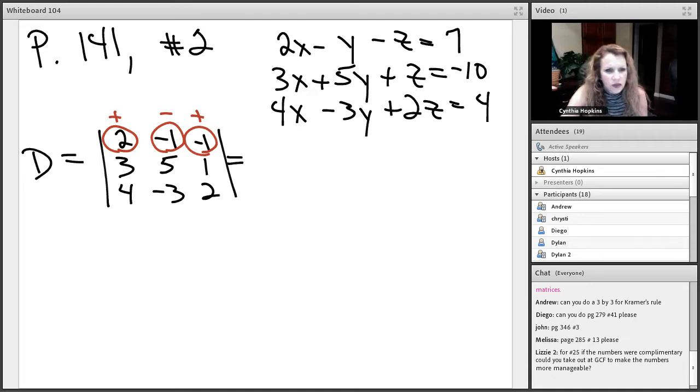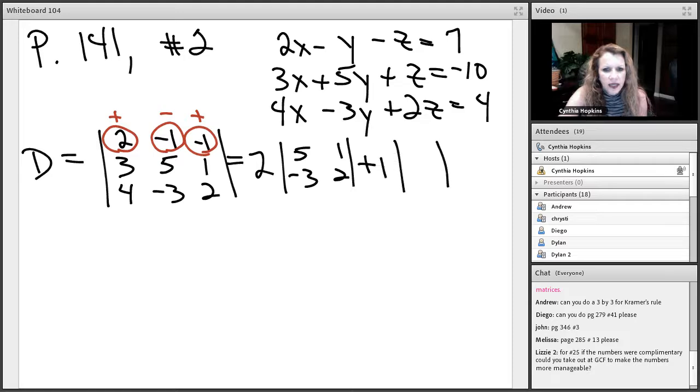Okay, so I'm going to write that this equals 2. Okay, that's a plus 2, so I can just write the 2. And then I'm going to cross out the row and the column that that 2 is in, and I'll be left with the 2 by 2 determinant, 5, -3, 1, 2. Okay, then I'm going to go minus a -1, so that becomes plus 1.